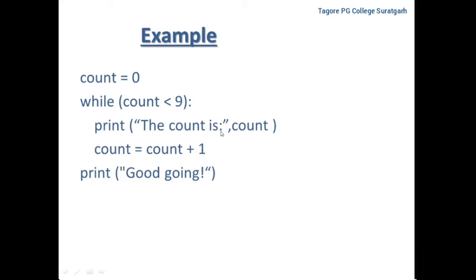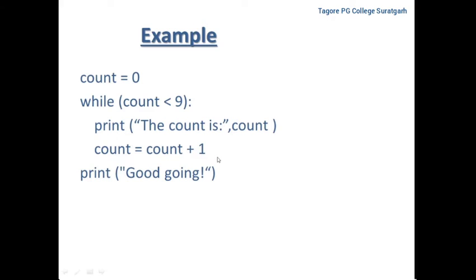The message, "The count is", is inserted with double quotes, and with a comma we print the value of count. Then we increment the count. You can notice that I have written the last statement without indentation because it is outside of the while block.